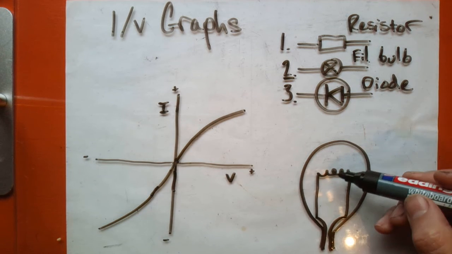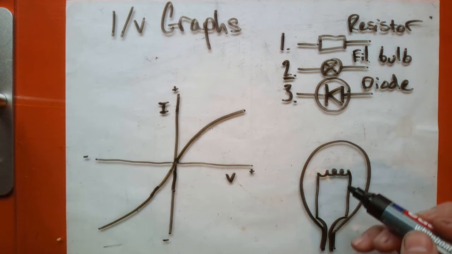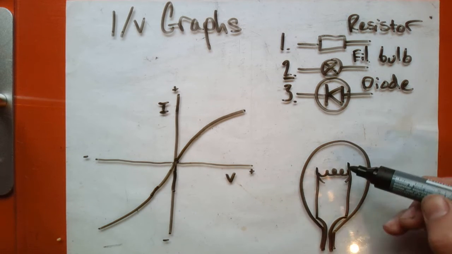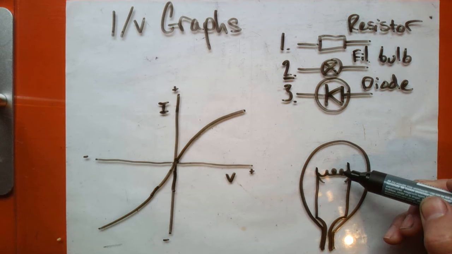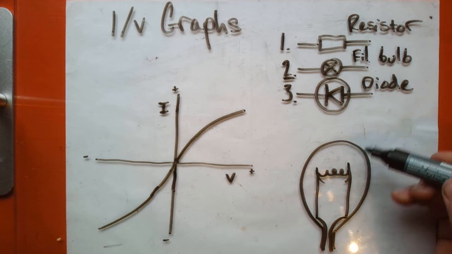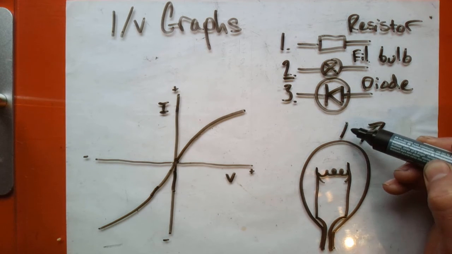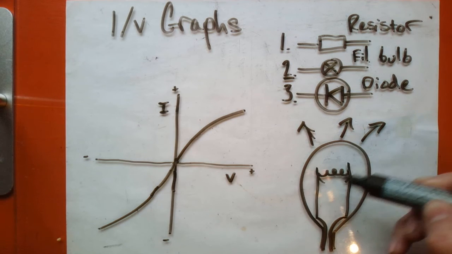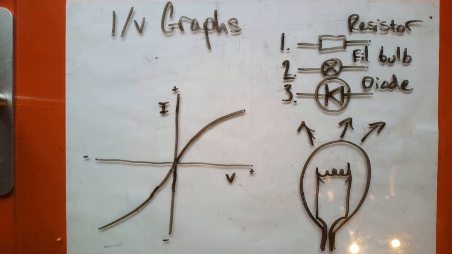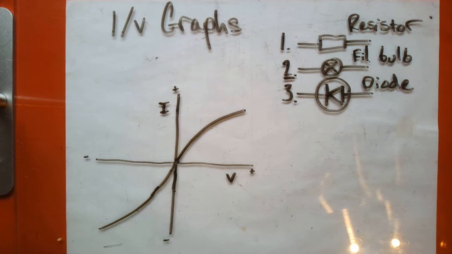As the current flows through, this section here, the filament, gets really hot. It gets so hot and bright that it actually emits visible light.